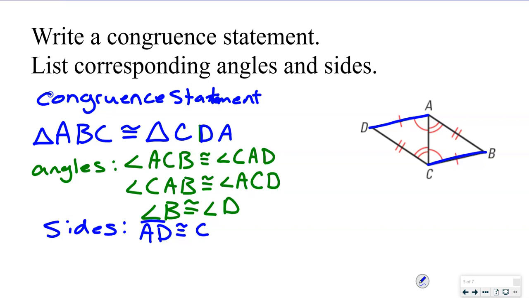Remember, A corresponds with C, and D corresponded with B. So that would be the correct order. Then looking at the 2 tick marks, we have side AB. That would have to correspond with side CD.